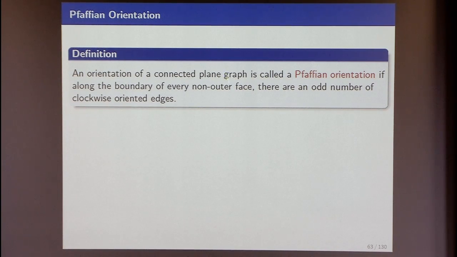An orientation of a planar graph is called a Pfaffian orientation if along the boundary of every non-outer face, okay, so the outer face doesn't count, for every internal non-outer face, there is an odd number of clockwise oriented edges. Okay, so that's the definition of a Pfaffian orientation.